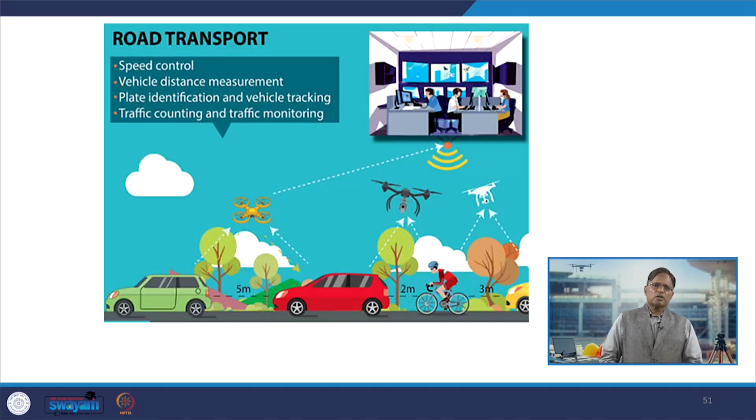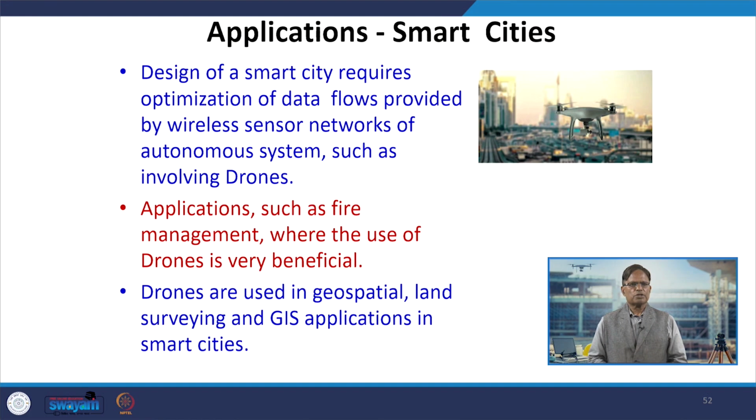Then in transportation network management, we use LiDAR systems, which continuously calculate the distance between two vehicles and give a warning if the vehicles are coming closer to each other.